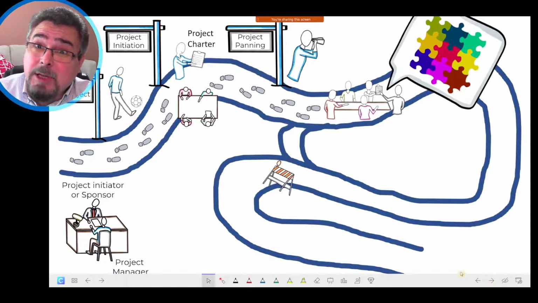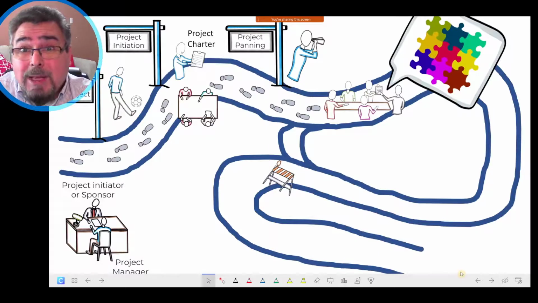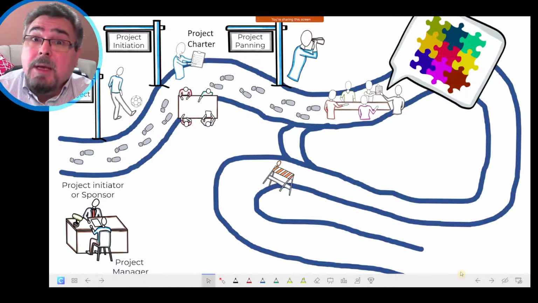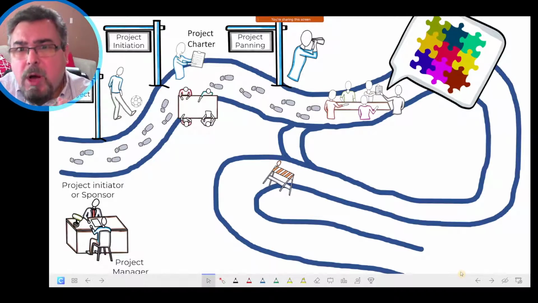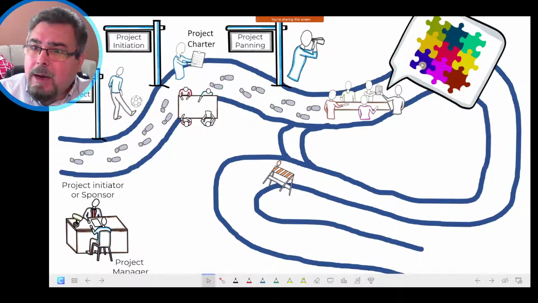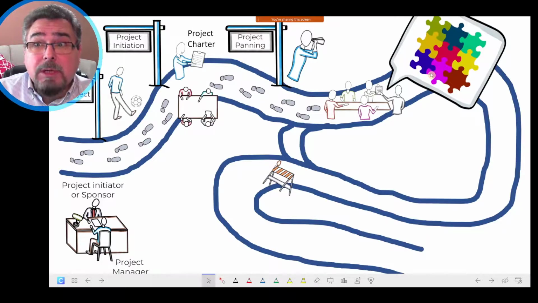Then, when we start the planning, we start talking with people who know the tasks, how to do things, what needs to be done, what the predecessors are, and so on. Now we start having a much better understanding of the project activities.